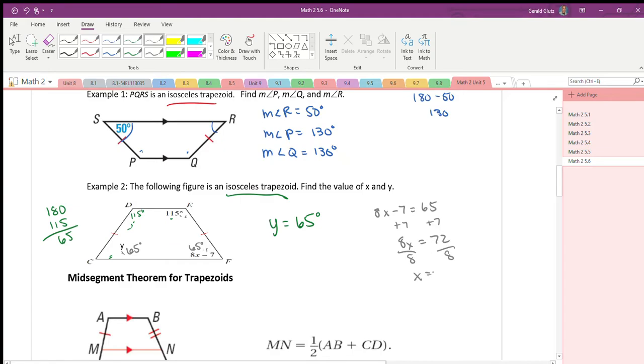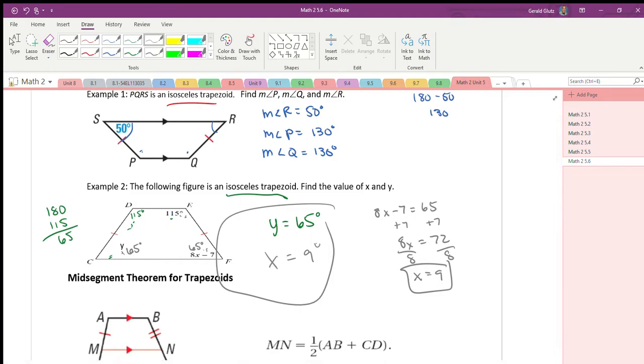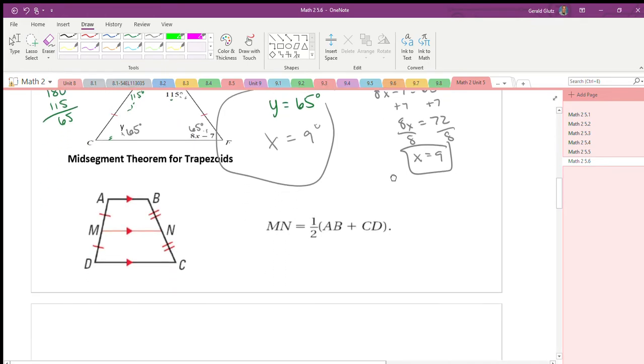So x is equal to 9. So x equals 9 degrees. Actually, just 9. Again, anytime I'm going too fast, please remember to pause the video. All right, so moving on.